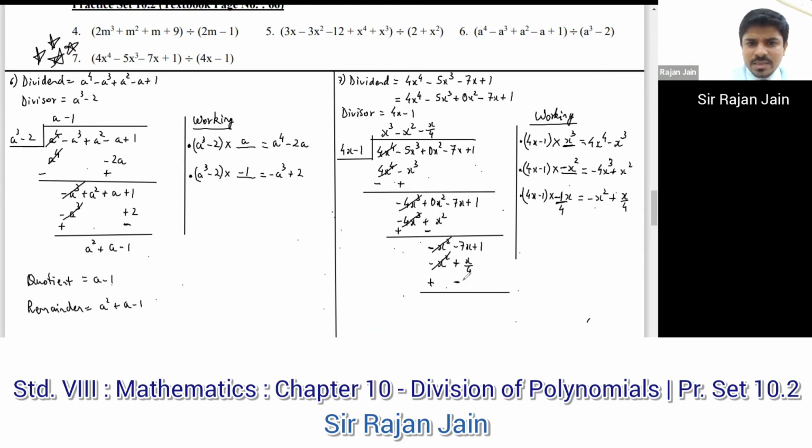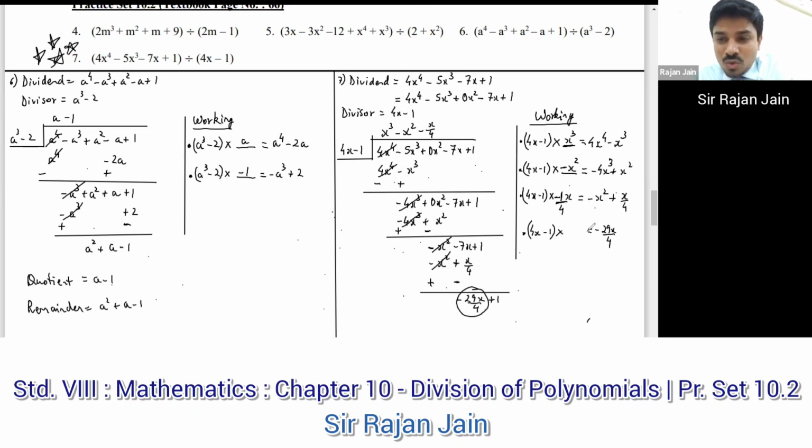So I write that answer over here, minus 29x by 4, and plus 1 I copy down as it is. Now you go to the next step. So you have 4x minus 1 multiplied by something, and your target is to get the first term in your dividend part, which is minus 29x by 4.